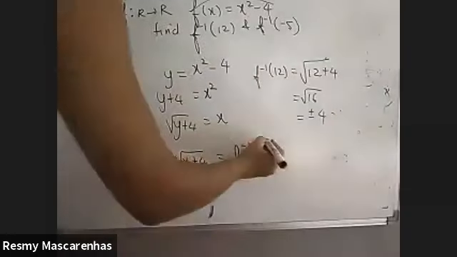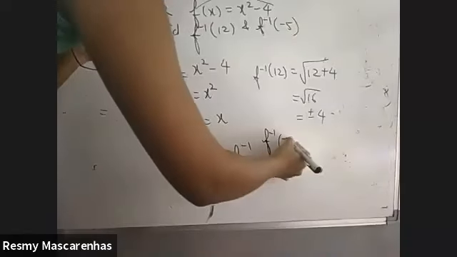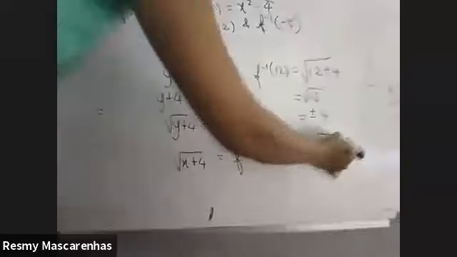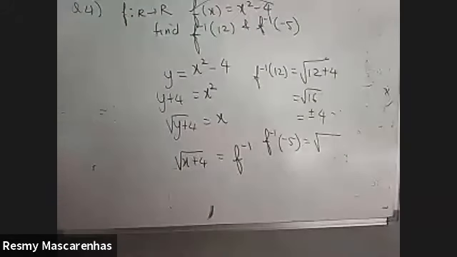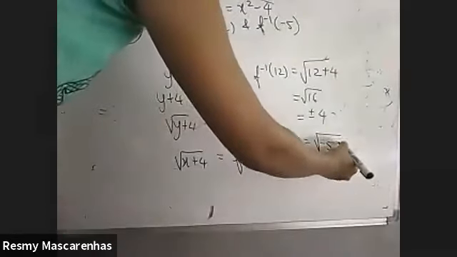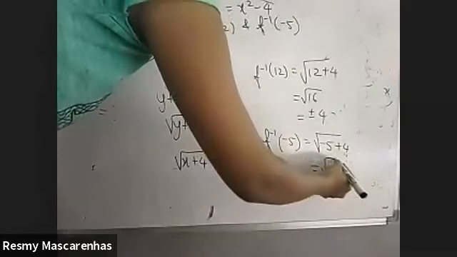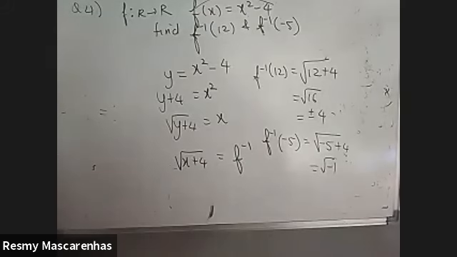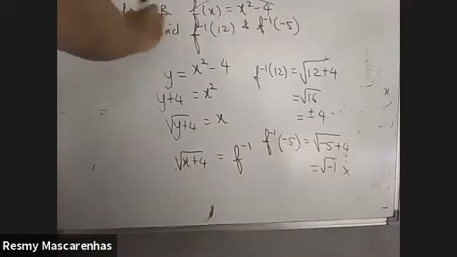Okay. Then f inverse of minus 5 has been asked. So you have to replace x by minus 5. Root of minus 1, what will happen? The negative root will not exist. Okay, so this is not possible. You cannot have a negative root because this is real to real.